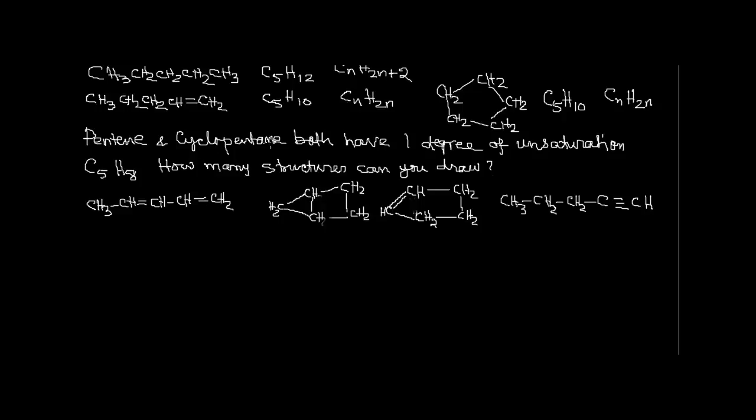Pentane and cyclopentane, these have 1. But C5H8 is different. I'm talking about this: cyclopentane has 1 degree of unsaturation and pentene has 1 degree of unsaturation. Okay. How many double bonds are here? How many double bonds are here? Can you see the difference?